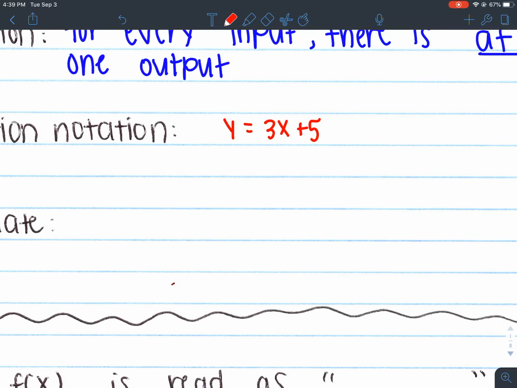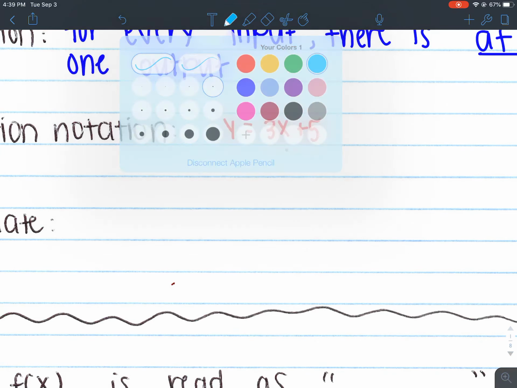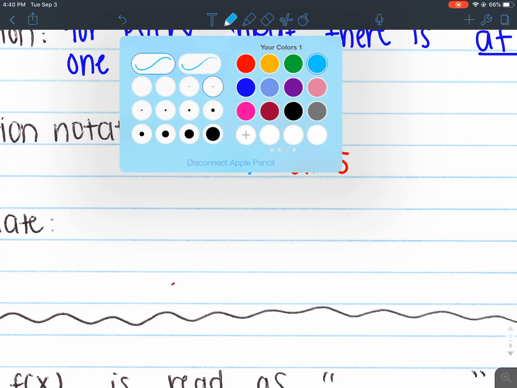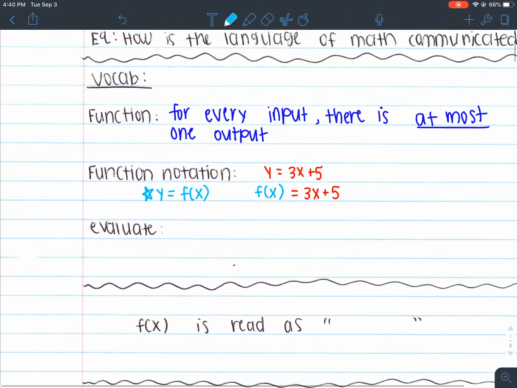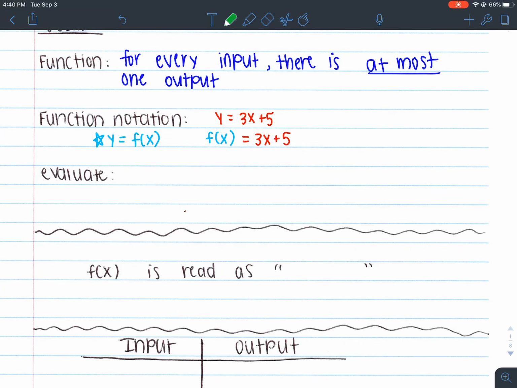Now, function notation is basically replacing that y and putting f of x in front of it. So f of x equals 3x plus 5. Everything is the exact same, except instead of y, I now have f of x. So your y and f of x are the same thing. Now we're using function notation.